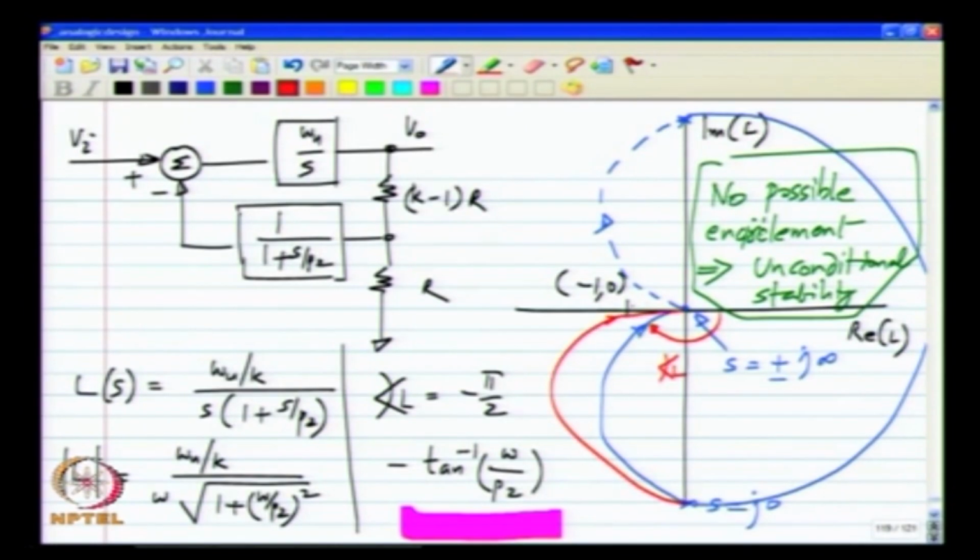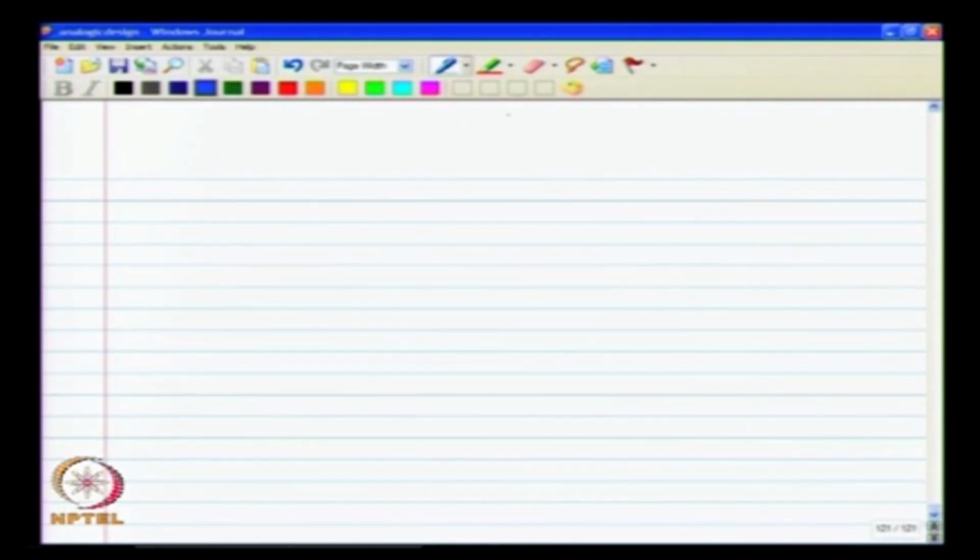Now it is coming close to -1 0, it is not enclosing it, but it is coming close, and this corresponds to a case with higher ringing, right. I will show that in more detail with the case of one extra pole.